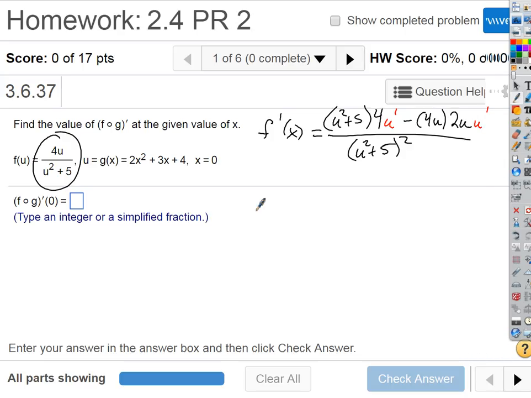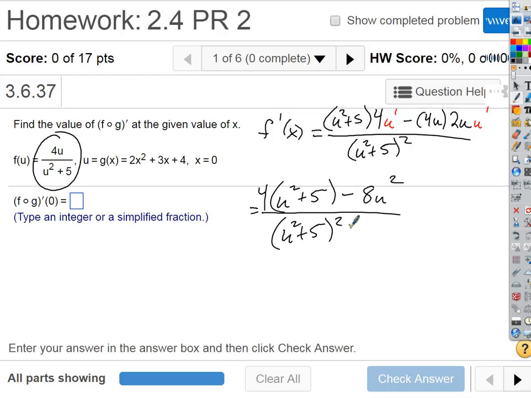So then we get low d high: u squared plus 5 times 4 minus 8u squared, all over u squared plus 5 squared, times u prime, right? Okay, well, what is u prime? If u equals this, what's u prime? 4x plus 3.